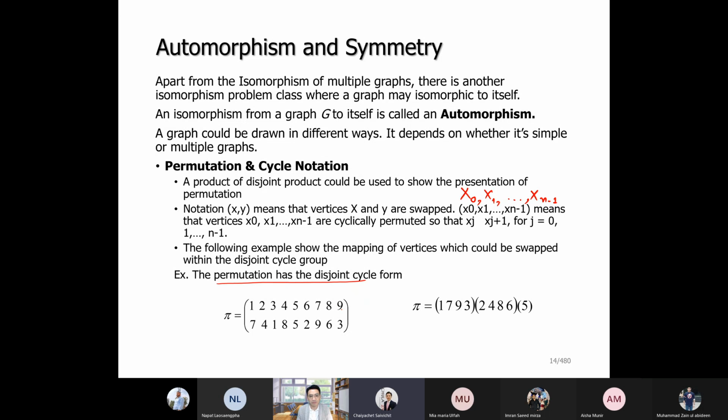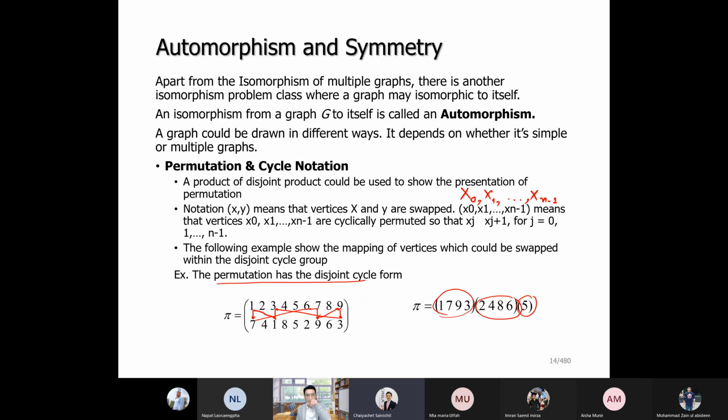In this one, you see that the first cycle is 1, 7, 9, 3, then 2, 4, 8, 6, and 5. So we have 3 disjoint cycles here. Look at 1, 7, 9, 3: 1 maps to 7, and 7 maps to 9, and 9 maps to 3, and 3 maps to 1, and 1 maps to 7 again.